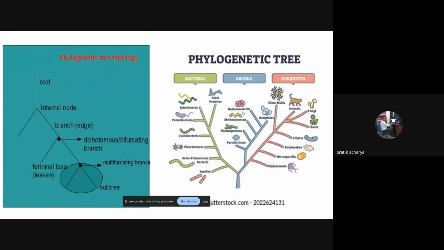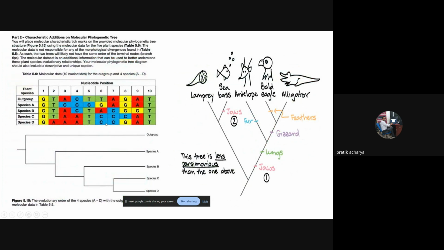Just look at this picture. Data means DNA, RNA, any kind of data. Then for different species, we can make a table. For DNA and RNA, so many codes are there, and we have to mention these codes in this table.